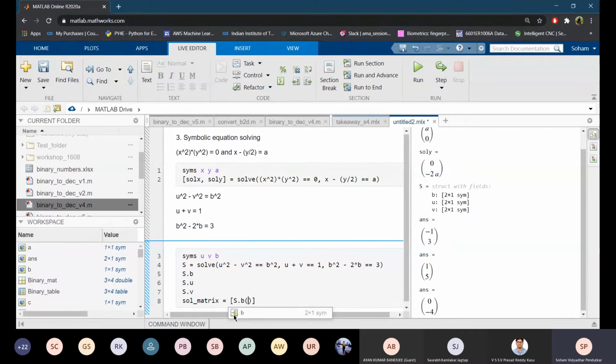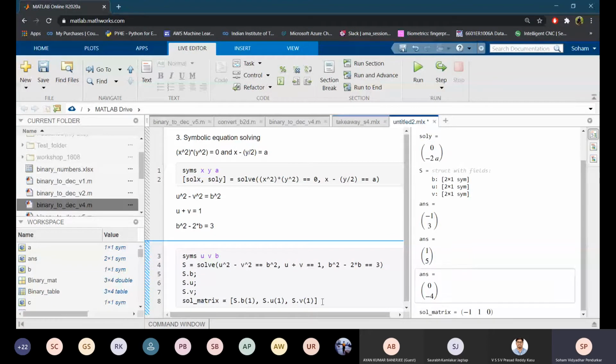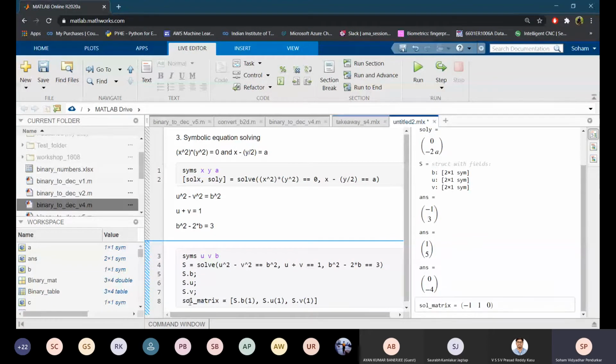So S dot B of 1, comma, S dot U of 1, and S dot V of 1. Okay, so solution matrix. So now you see, minus 1, 1, 0. So let's comment this.